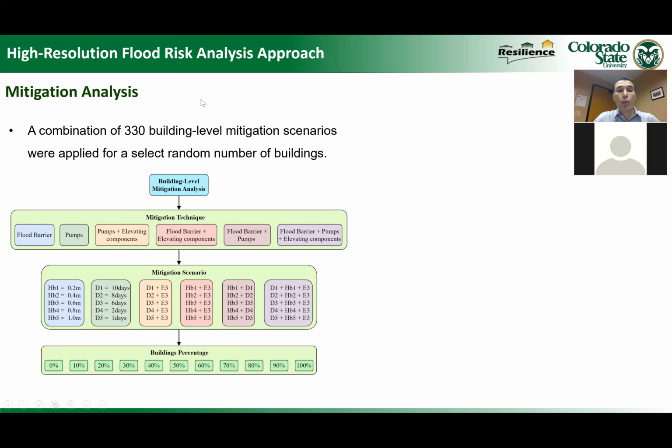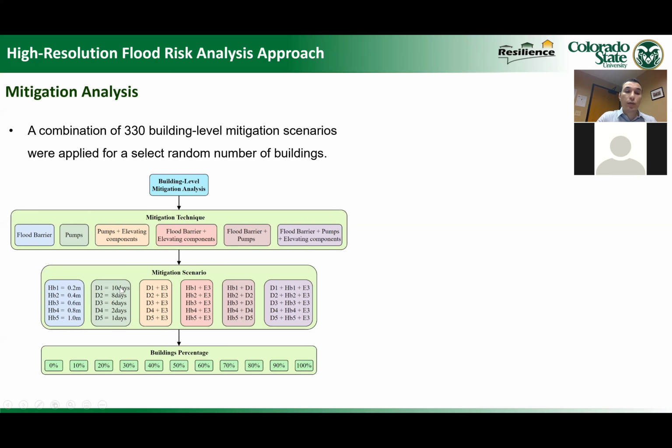So we investigated multiple techniques like flood barriers only, pumps only, and a combination of these techniques, including using flood barriers and pumps or using all three of them. And we also investigated multiple scenarios, like what if the household was able to build a barrier of 0.2 meter or 0.6 meter or 0.8 meter?